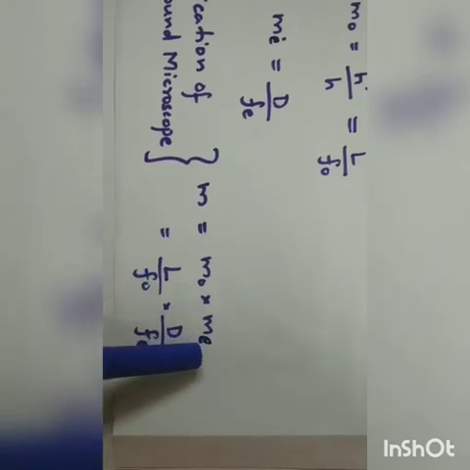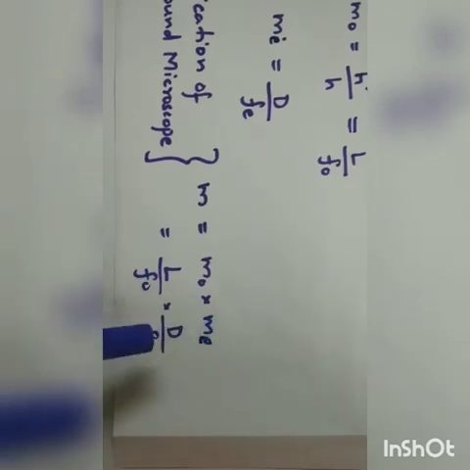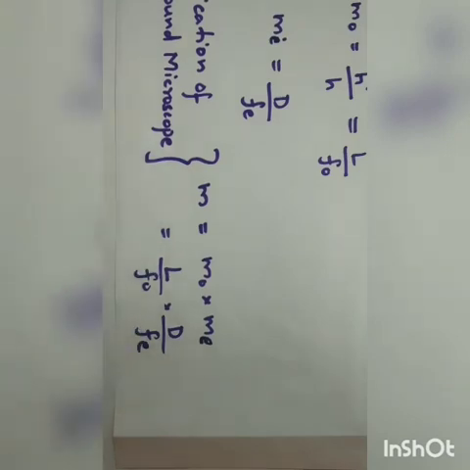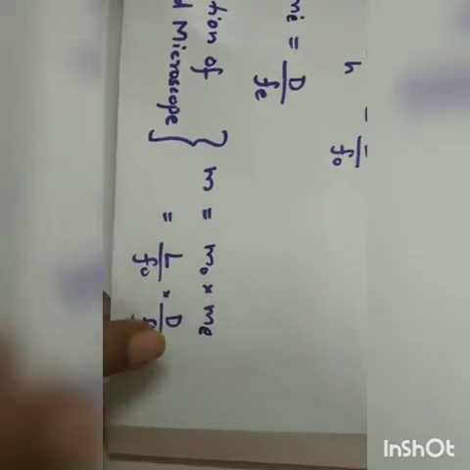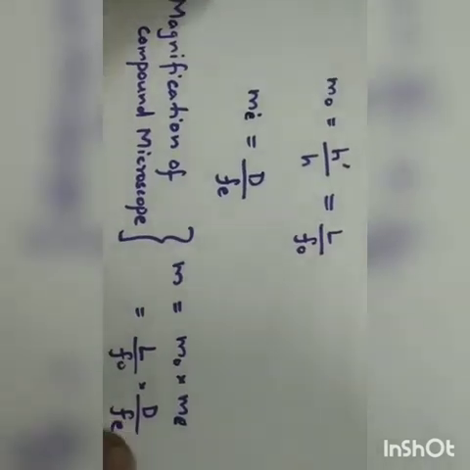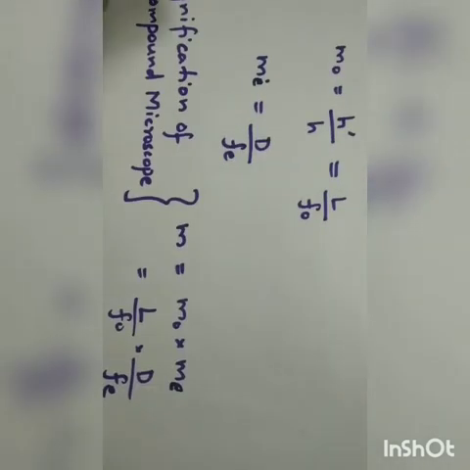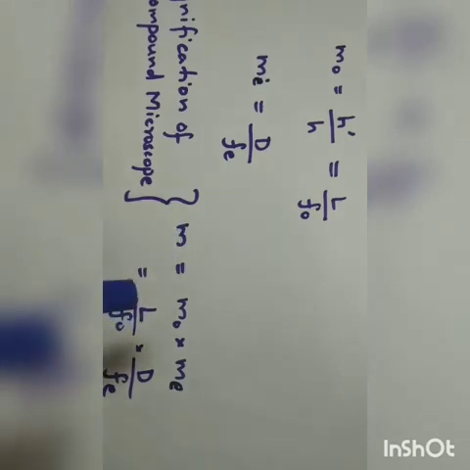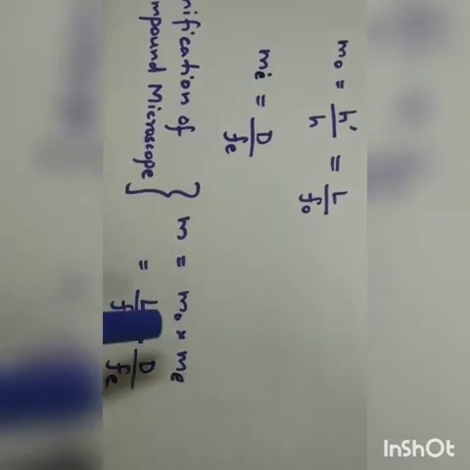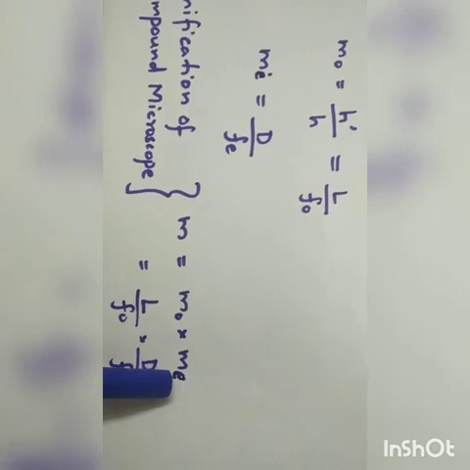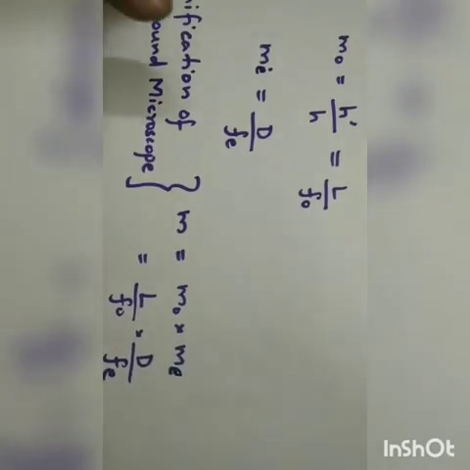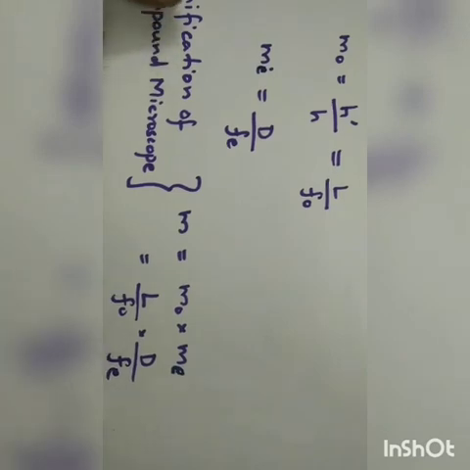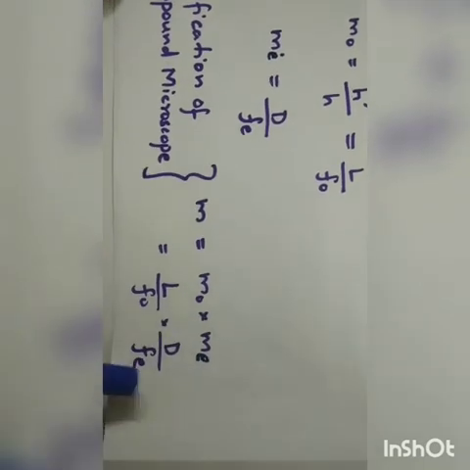For the eyepiece lens, the magnification ME is D by FE. So the total magnification of the compound microscope is given by m equal to MO into ME, objective magnification into eyepiece magnification, and that is L by FO into D by FE.